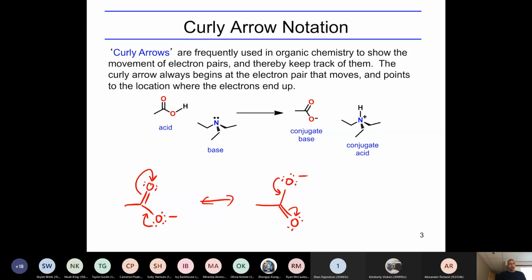Now, up above, what we have is a chemical reaction. Bonds are breaking, atoms are moving, new bonds are forming. This is not a resonance structure, this is a reaction. And we use these curly arrows for reactions as well as resonance structures. In fact, that's the main use, I would say.